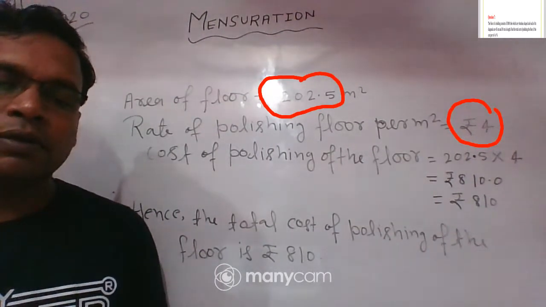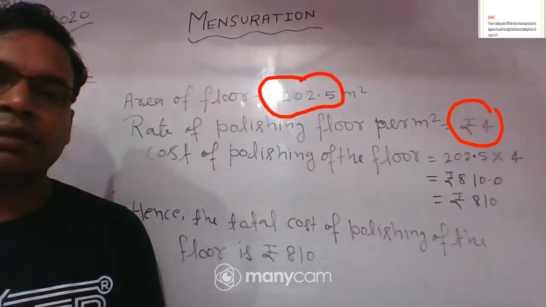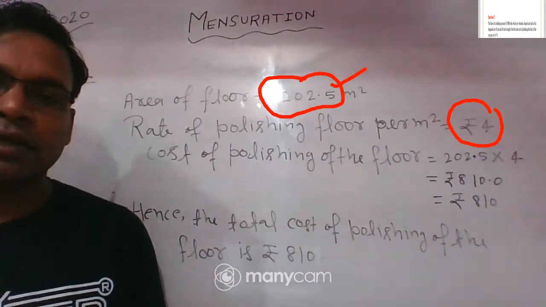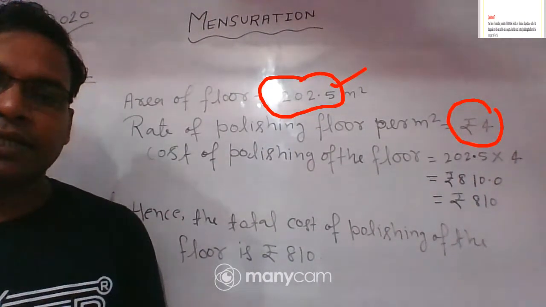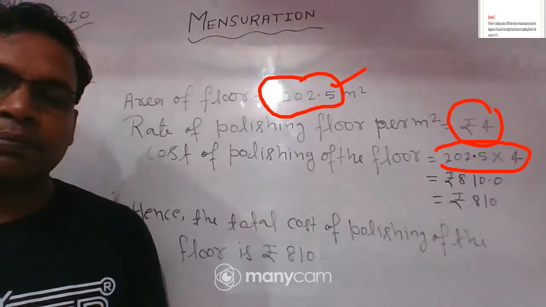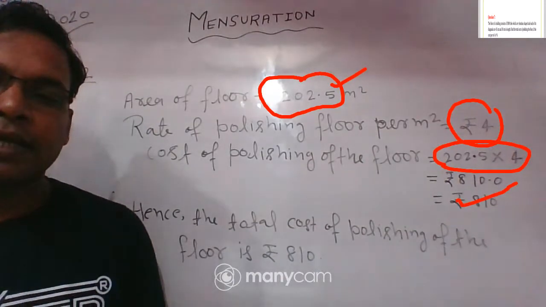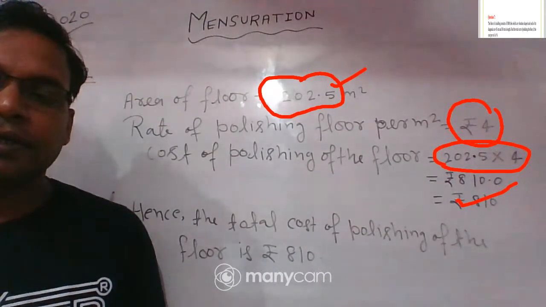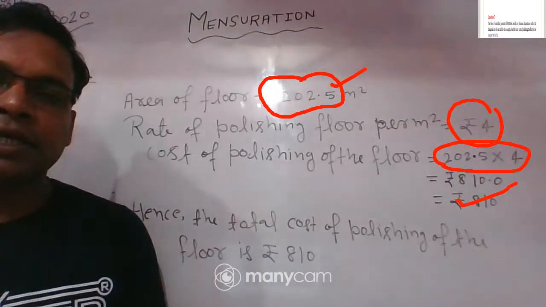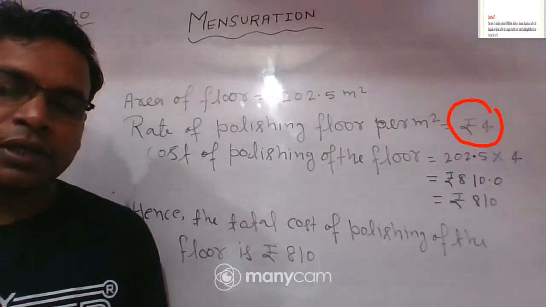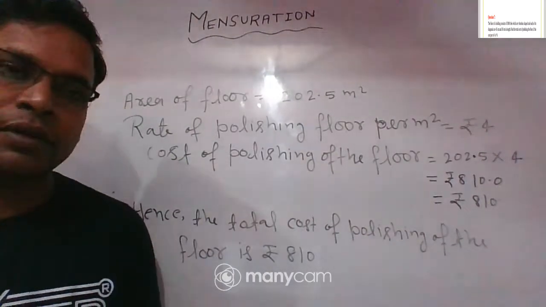So we find the cost of polishing the floor. This is the area of the floor, so we multiply this area of the floor by the rate of polishing per meter square. In this way we find 810 rupees. This is the cost of polishing. So student, I hope all have understood.